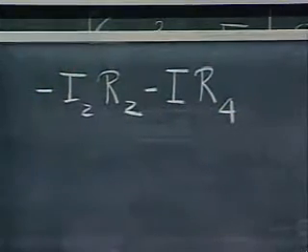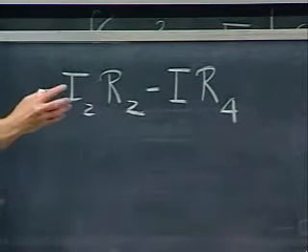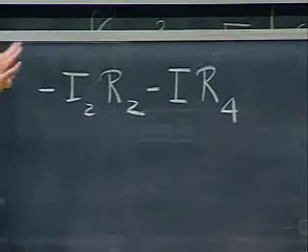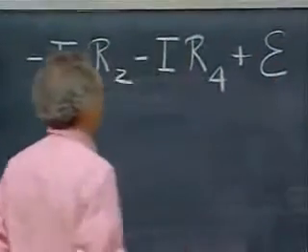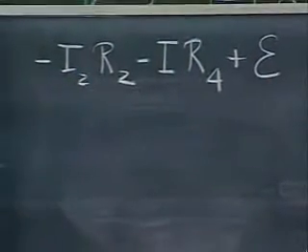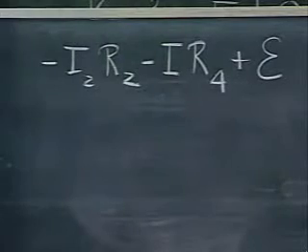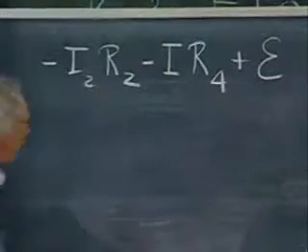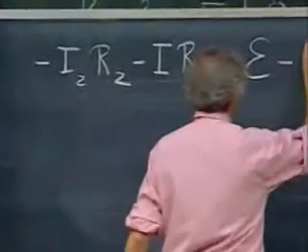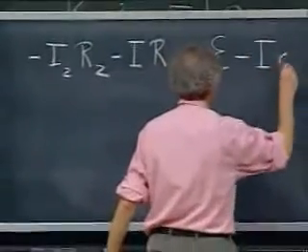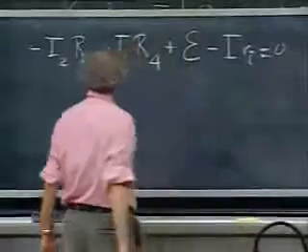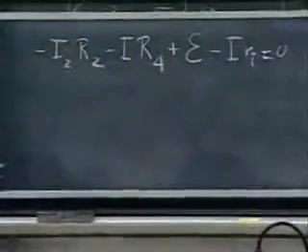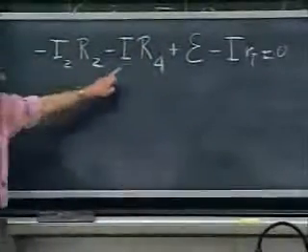I go up, and I see this battery in front of me, and I have to climb up in potential. How much do I have to climb up? That is the EMF of the battery. But that dinky toy little resistance R of I makes me go down a little bit, and so I get another minus I times R of I, and that now is 0. That's one equation with only one unknown, which is I2, because we already have I.